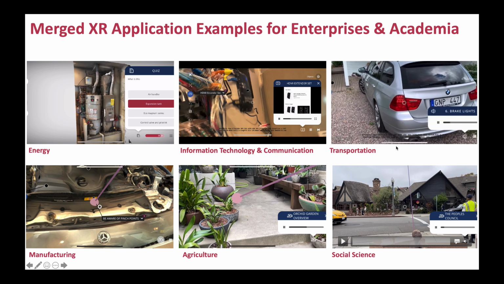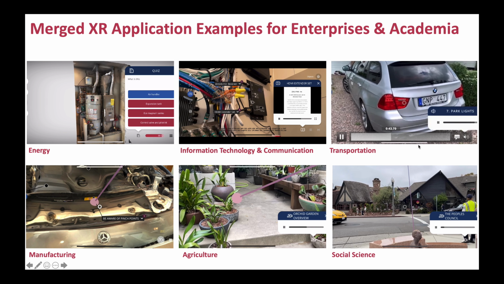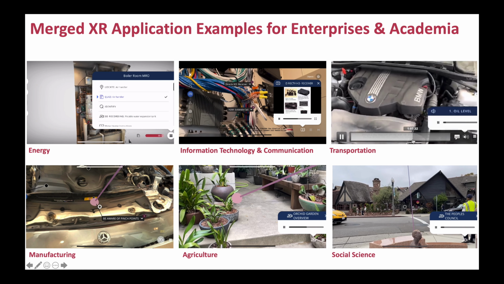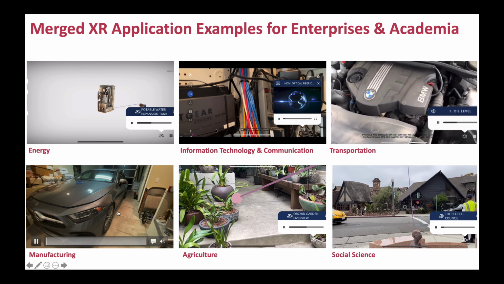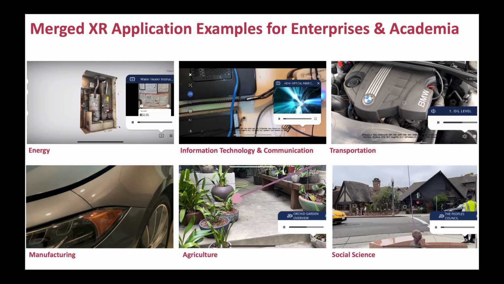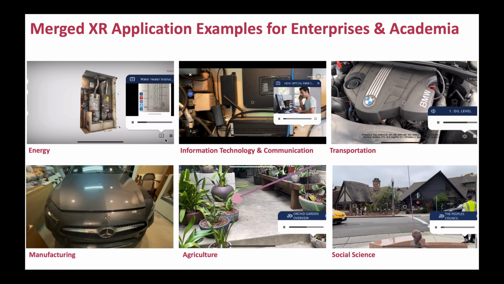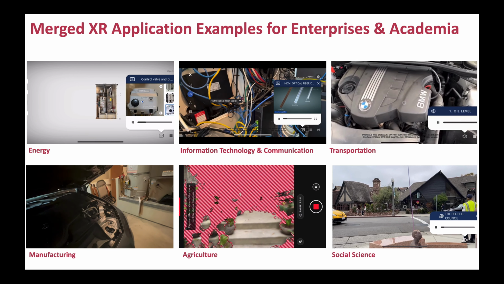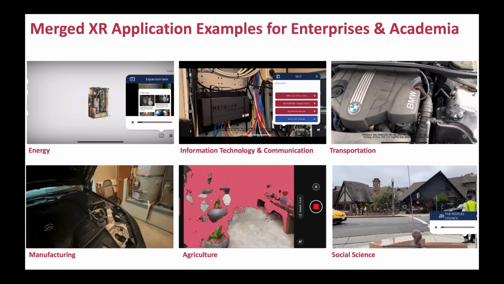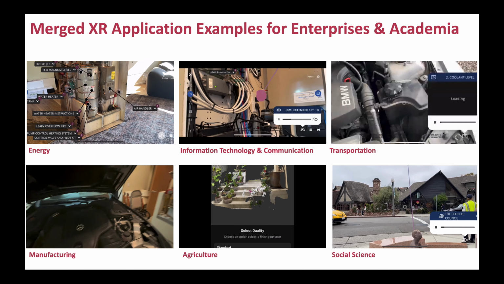You use Merged XR for that purpose. And on the lower left, you see still a car, but now looking at it from a manufacturing perspective. Agriculture, how to water plants, instructions. You just hold your phone against it and it will tell you what to do and when to do it.